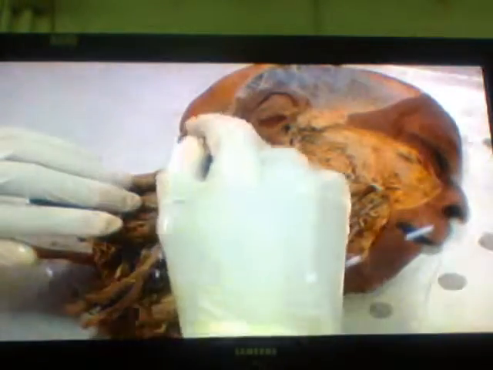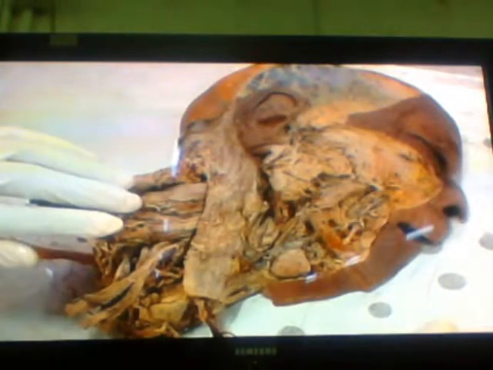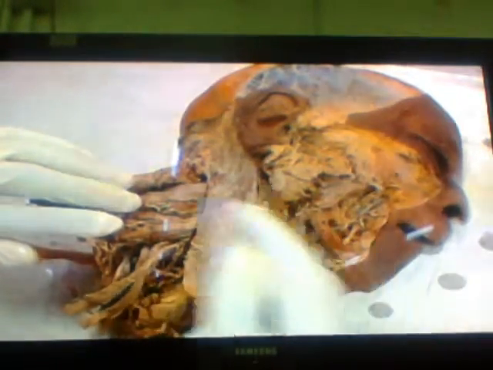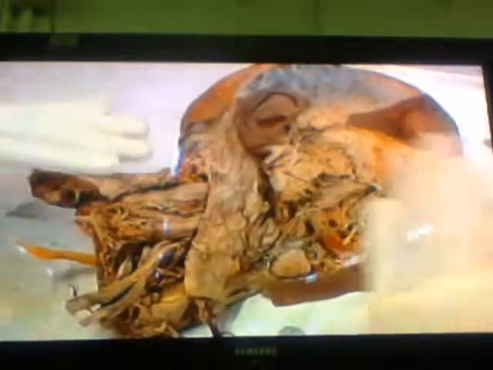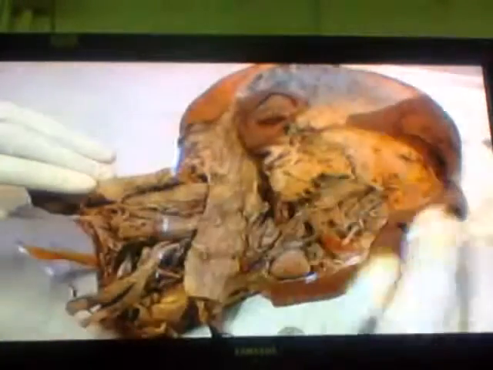And that oblique muscle divides the neck into a posterior triangle and an anterior triangle. The two of them will give us two triangles on the right and two on the left. The midpoint of the triangle we are talking about goes through the midline.